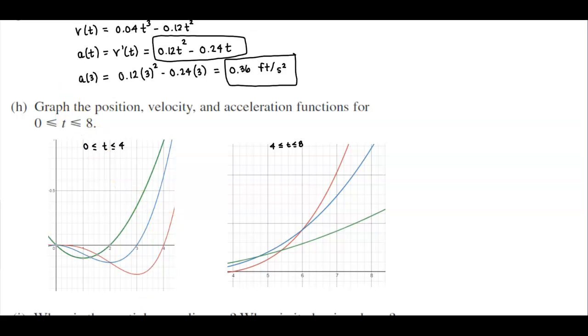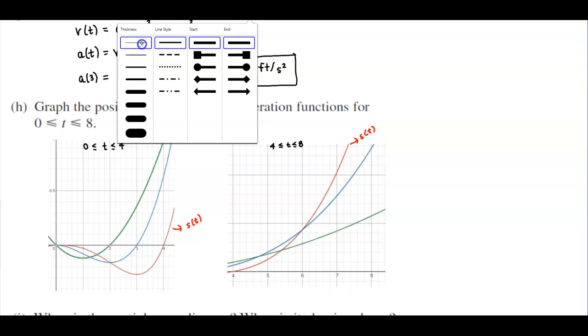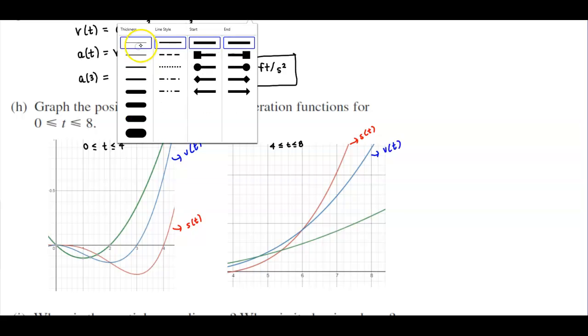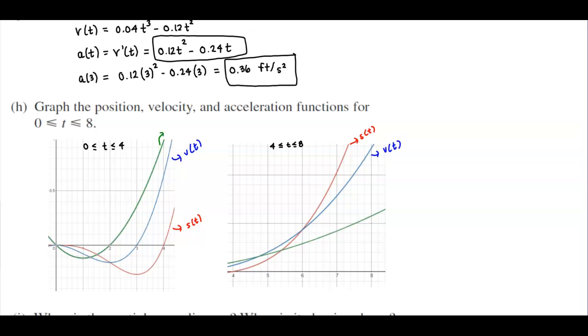Recall that the red is the position function, the blue is the velocity function, and the green is the acceleration function.